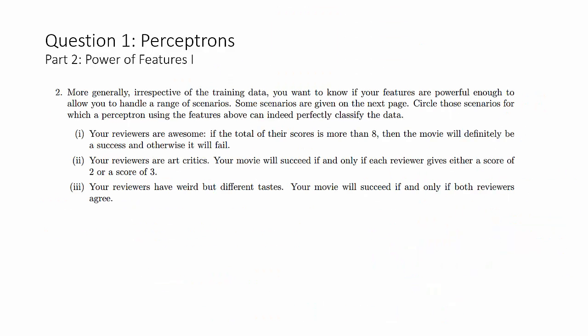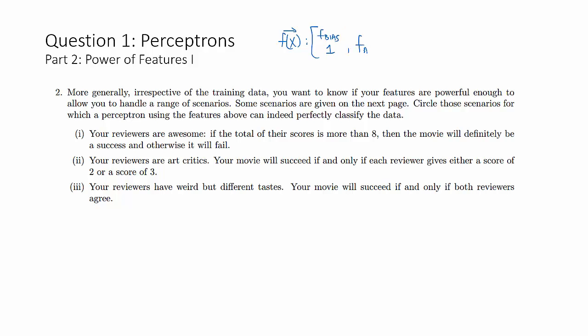The next part asks us to determine which scenarios the perceptron can handle with the given feature representation. As you recall, the feature representation f of x has three components. The first component is the bias feature, which is always 1 for any input.